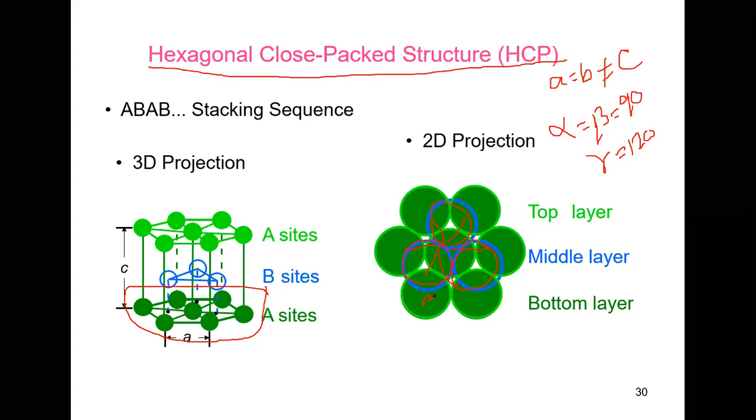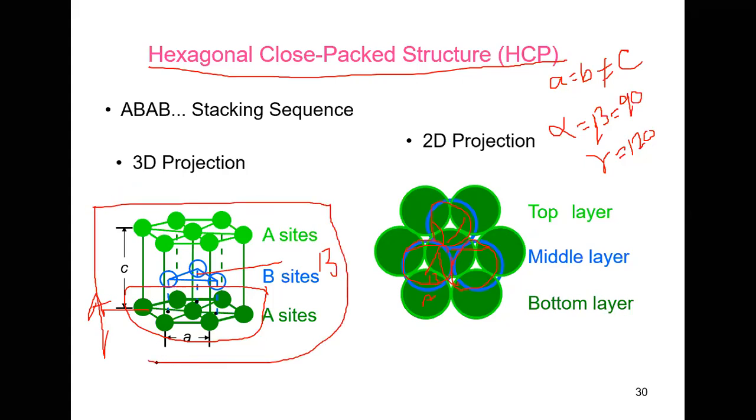Dark green is the A layer, the blue one is the B layer, and then on top you will put another layer similar to A. So A, B, and then A, B. So A, B, A forms the hexagonal close-packed crystal structure. If I ask you to draw, you should draw it in your lecture notebook. So the answer will be this one.